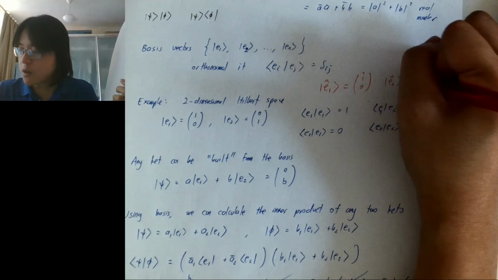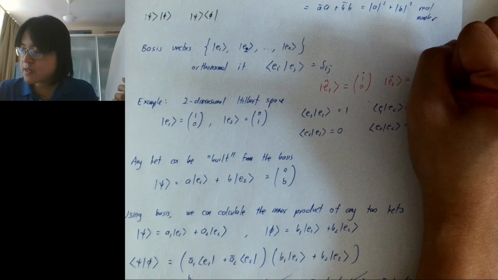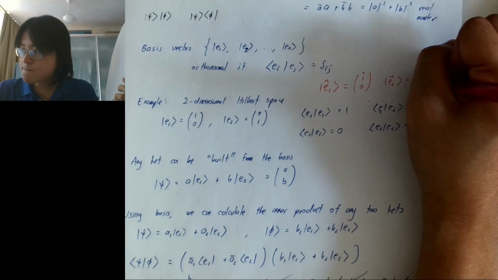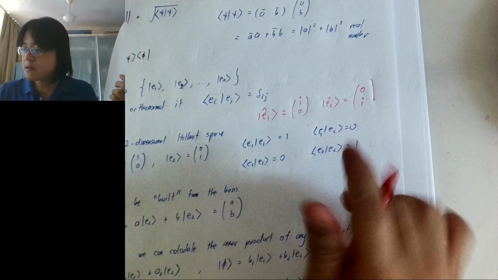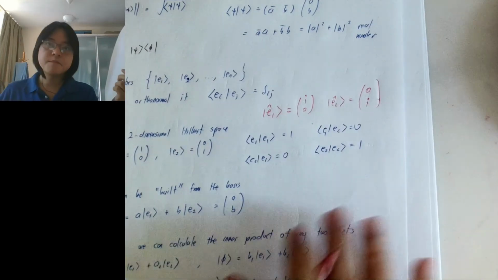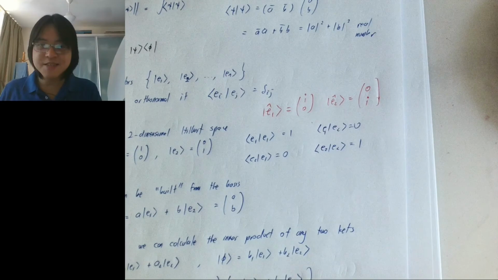So it can be complex actually. Is it plus or minus i? I think it doesn't matter. Yeah, so it can be complex. Does that answer your question? Does that make sense? Okay.